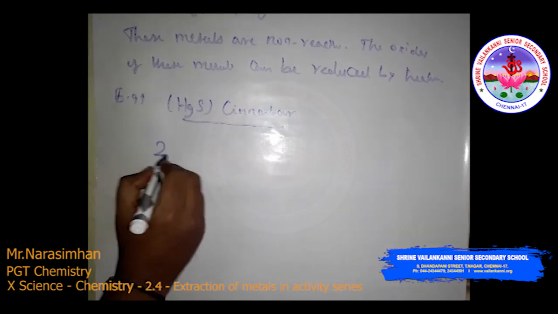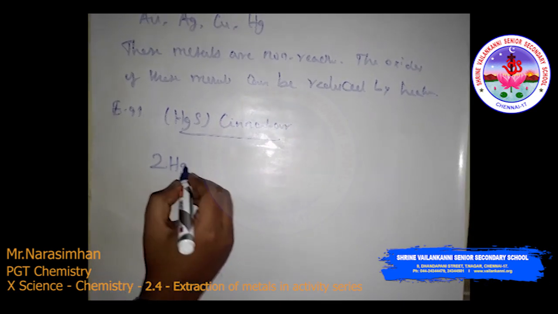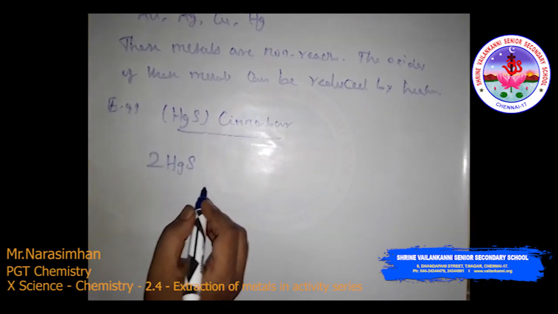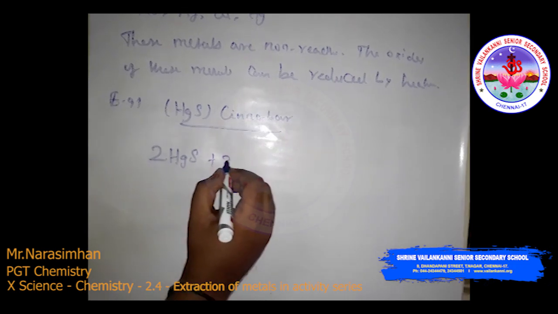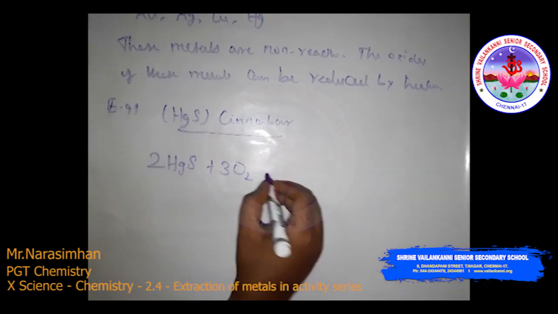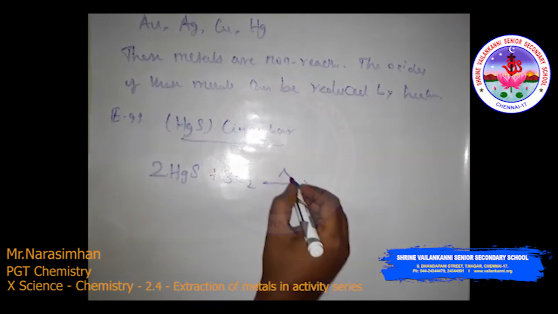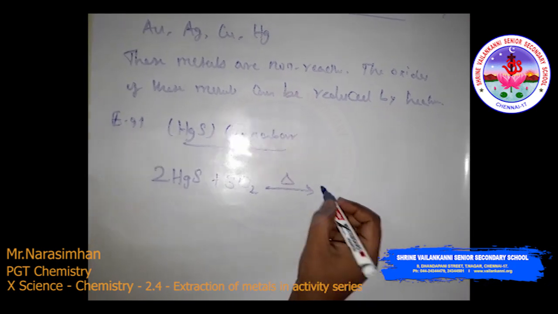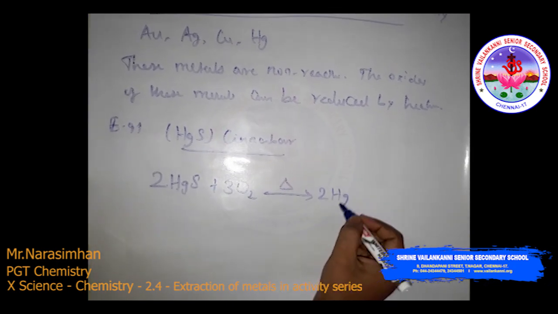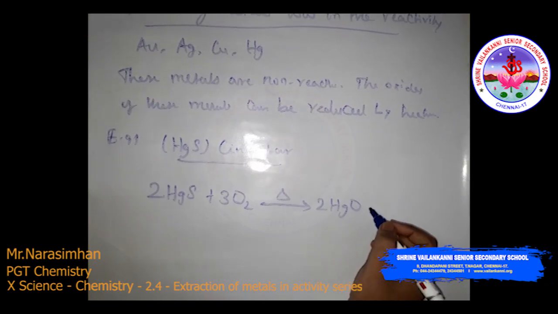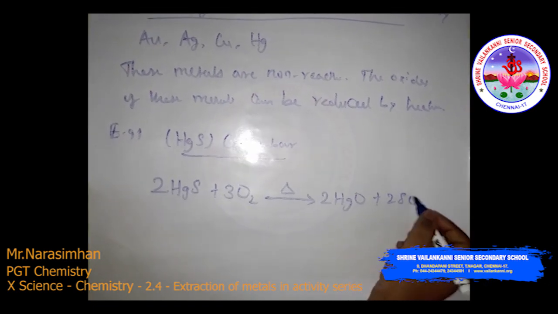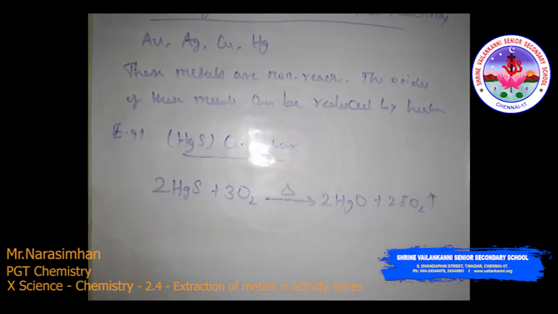For example, mercury sulfide reacts with oxygen on heating. On heating, you will get the metal oxide, that is mercury oxide. Then the sulfur dioxide goes out.